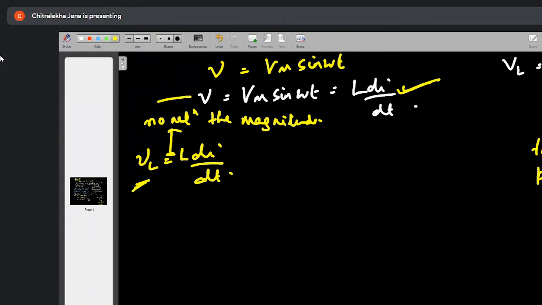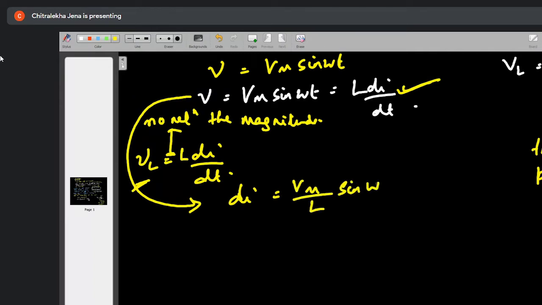Here, again I am clearing you, we are putting a minus sign. This has no relationship with the magnitude. This implies that it is opposing the cause that produces it. So V is equal to Vm sin omega t, that is equal to L di by dt. From this equation, I am getting di is equal to Vm divided by L sin omega t dt. Am I clear to all of you?